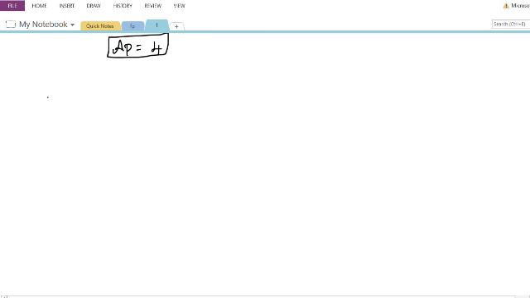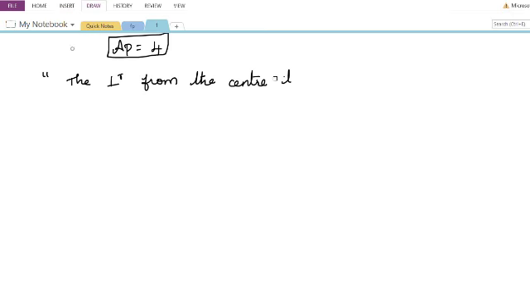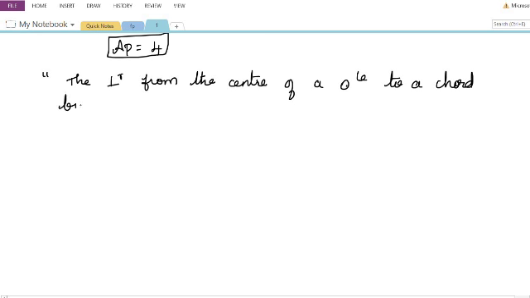So let us recall and write the statement. The perpendicular from the center of a circle to a chord bisects the chord.